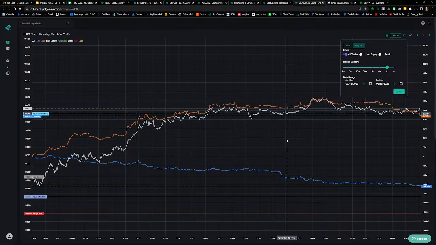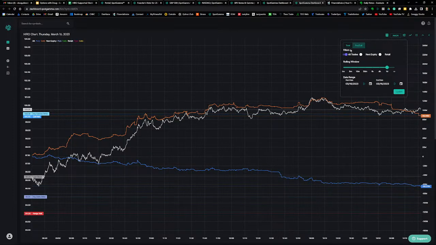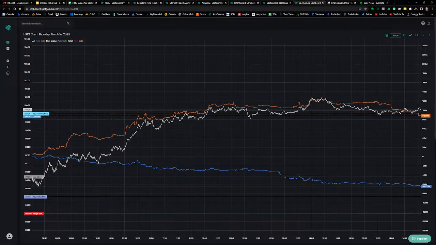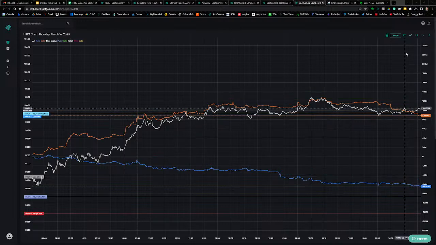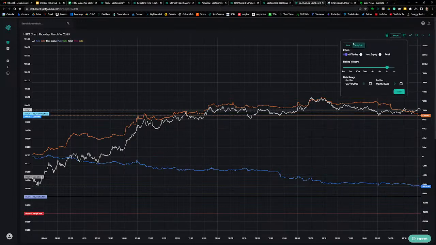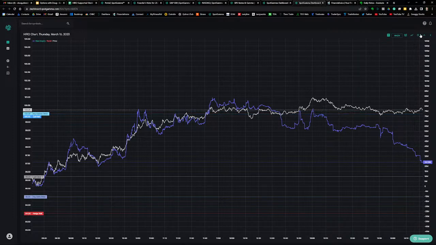So I always need to remember to change it back to the all trades or total signal. So notice here that again, as traders stop buying calls around lunchtime, 12 o'clock Eastern, price levels off, and they're buying puts also. So that's why price is stalled at that 100 level. All right, let's change it back before we make any changes. Update.